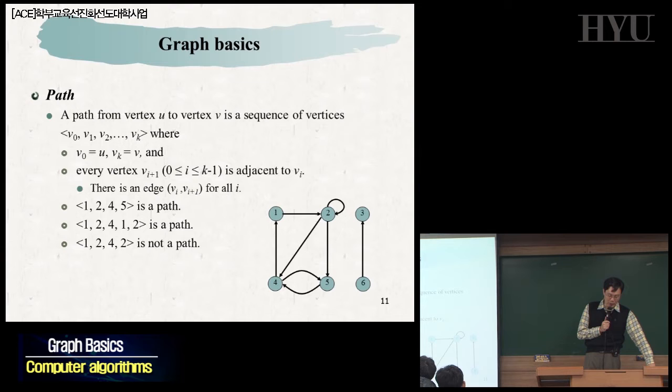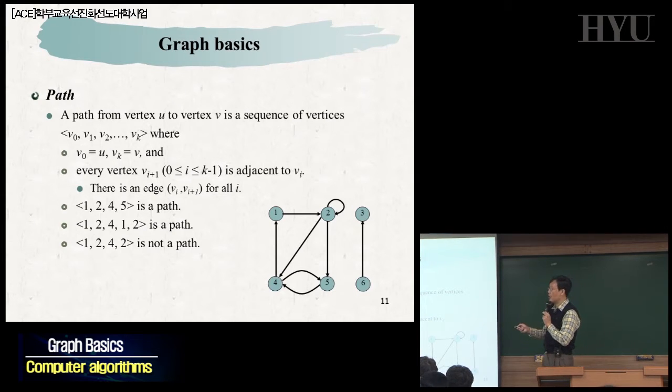Okay, then I will explain a path. A path from a vertex U to another vertex V is a sequence of vertices V0, V1, V2 through Vk. V0 should be U and Vk should be V, because it's a path from U to V. And every vertex Vi plus 1 is adjacent to Vi.